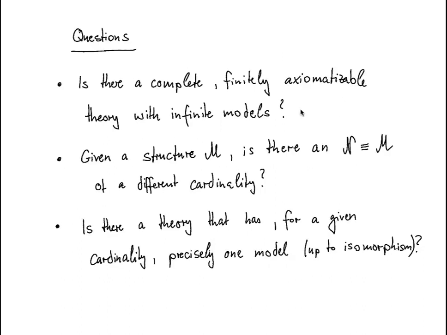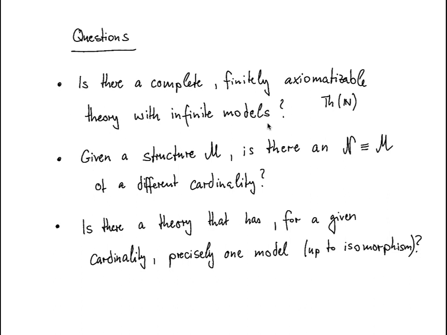We finish this lesson with a few questions that we aim to answer over the next few lectures. First, is there a complete finitely axiomatizable theory with infinite models? We've seen in the world of finite models that's not hard. But so far, all our examples for infinite models were just taking the theory right away, for example, looking at the theory of N, and the question would be, is this finitely axiomatizable?